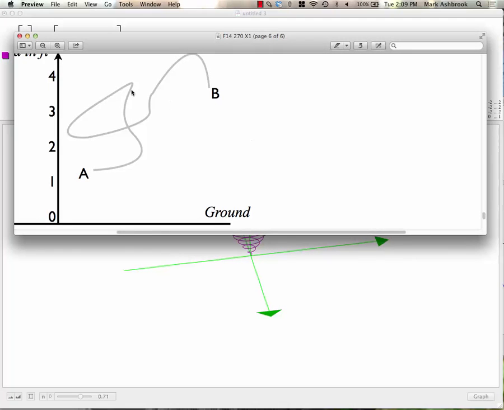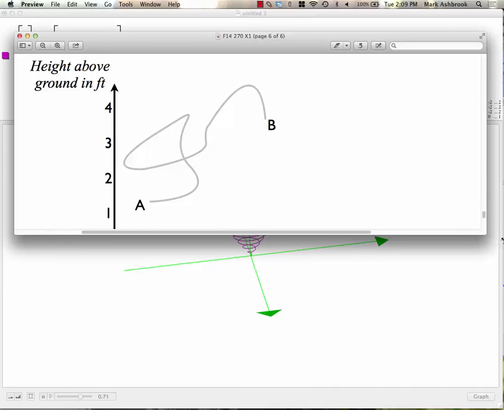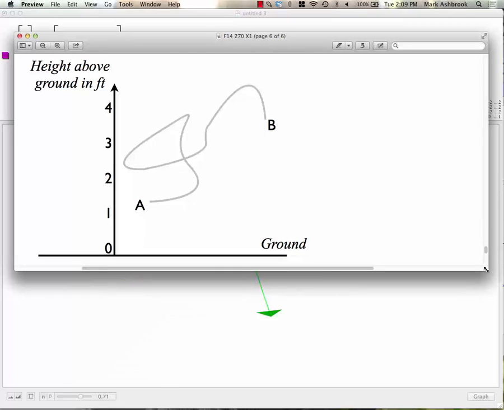All right, so here's the path of a caterpillar as it crawls from point A to point B on the wall. You see the path?